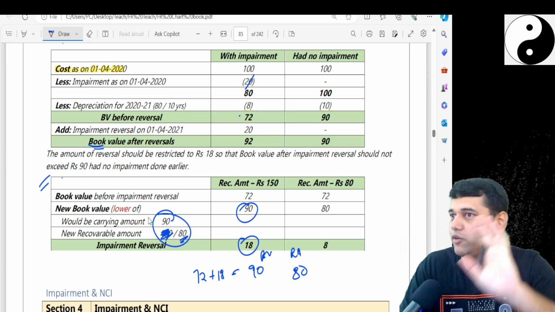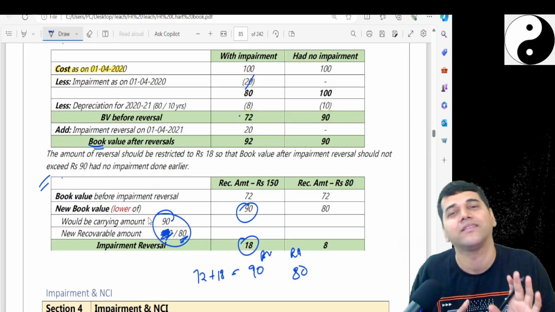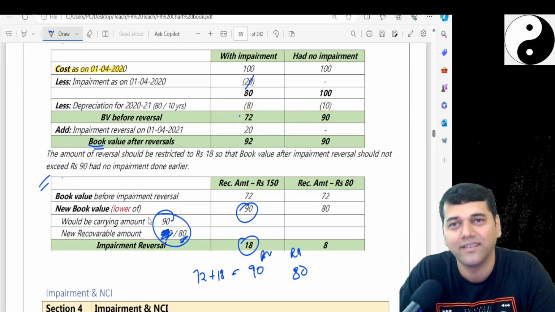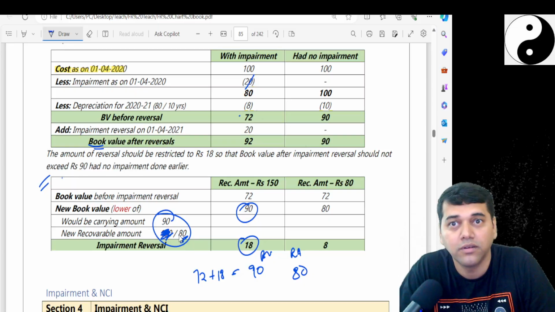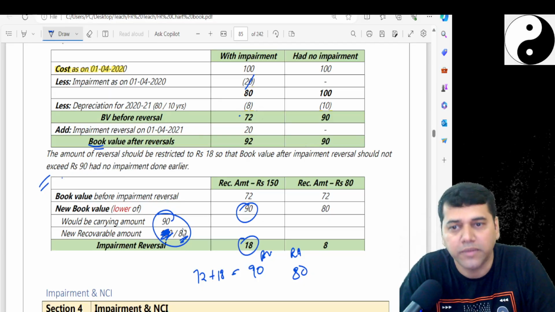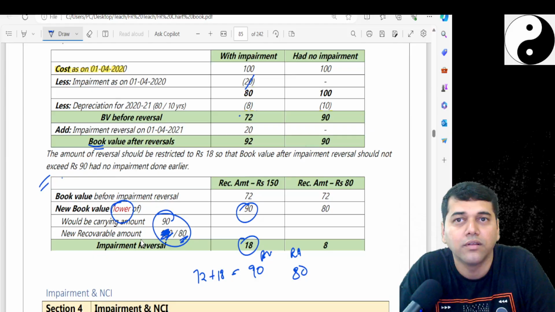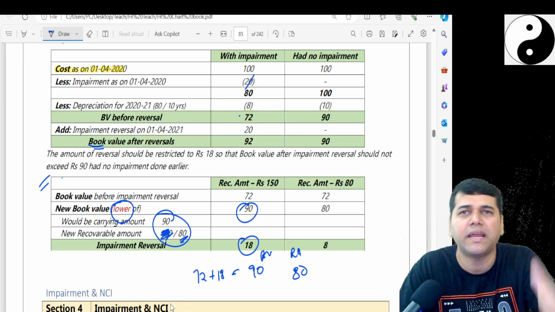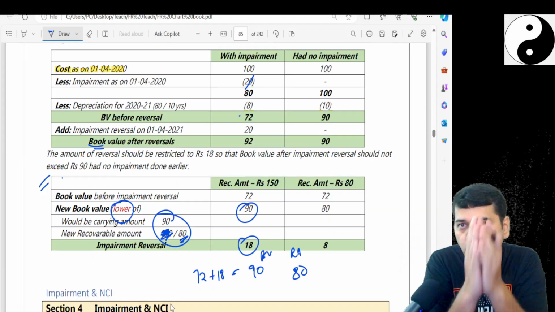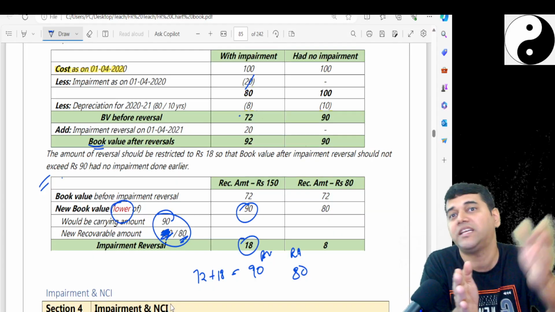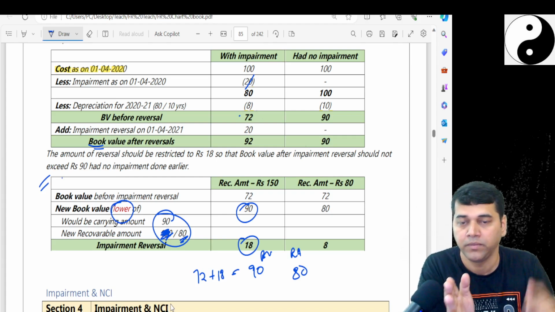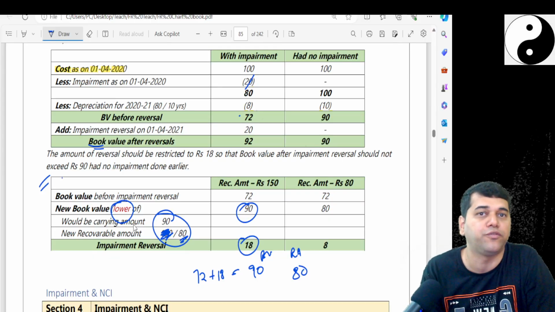If you're getting confused, note that at any point of time your book value should be less than the recoverable amount. Simple. So if you say, sir, this equation is confusing, then do one thing.